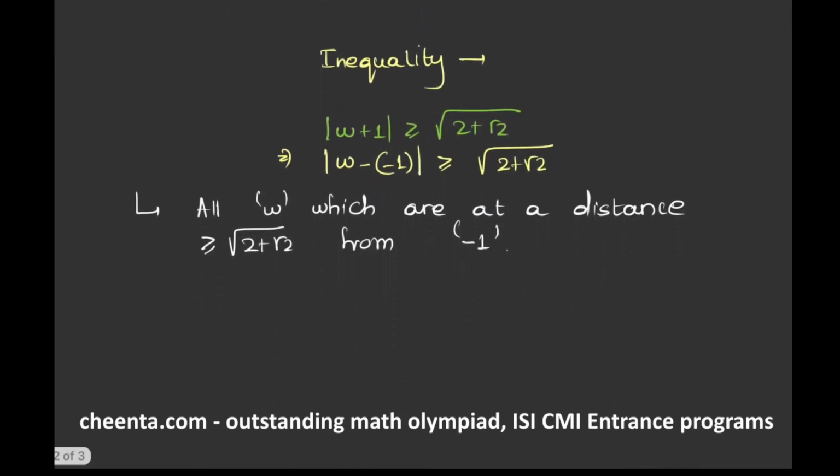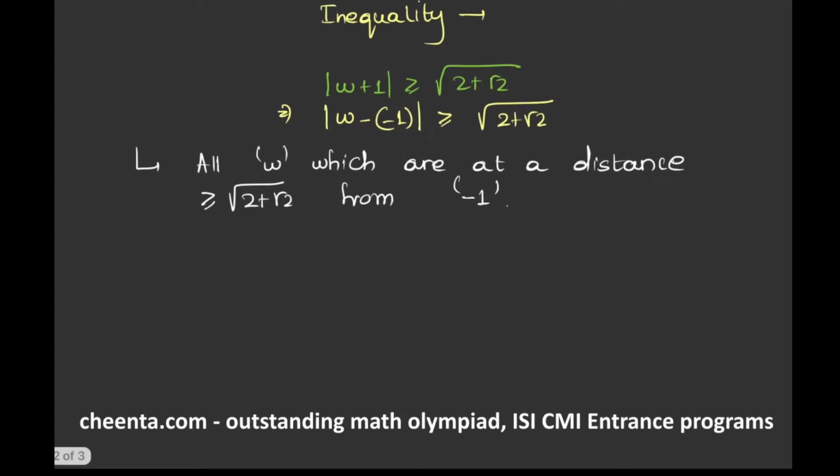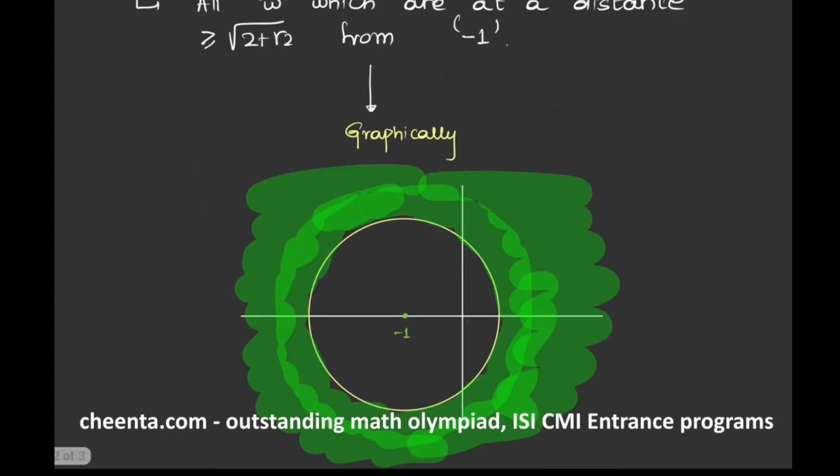Now, we first look at the diagram. As we can see, this is the Argand plane and this is the point minus 1. Now, we want to find all the points which are at a distance of greater than square root of 2 plus root 2 from minus 1. How do we do that?